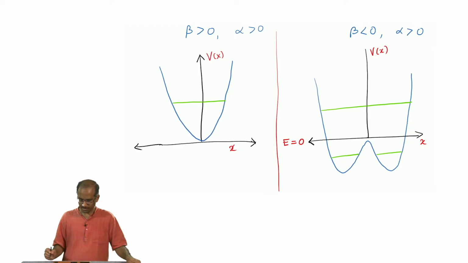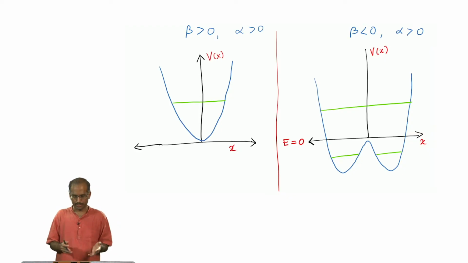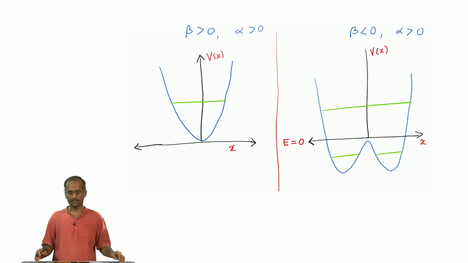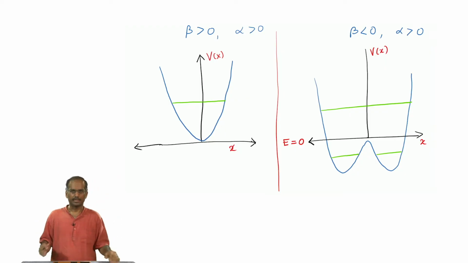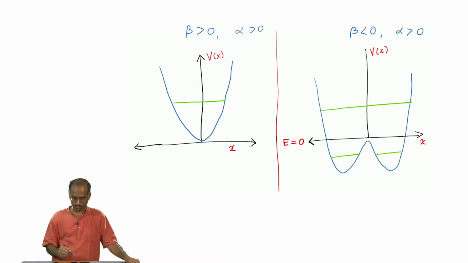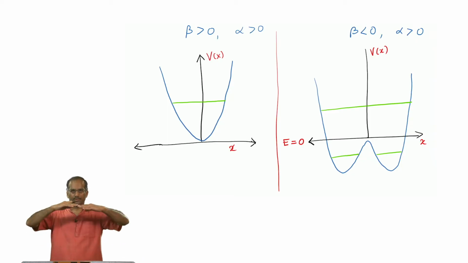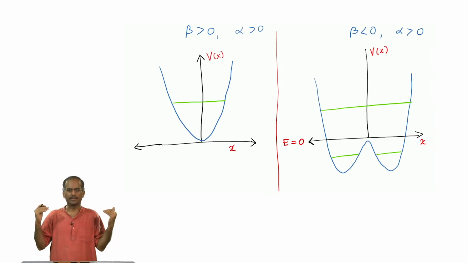So, for example, here this one looks like an oscillator potential on the left side, beta greater than 0 and alpha greater than 0, but we know that it rises up faster than the standard oscillator potential. So, here if I leave a marble, it will keep going between these two, and that effect is indicated by this green line. So, in other words, that also will tell you that the energy is a constant.